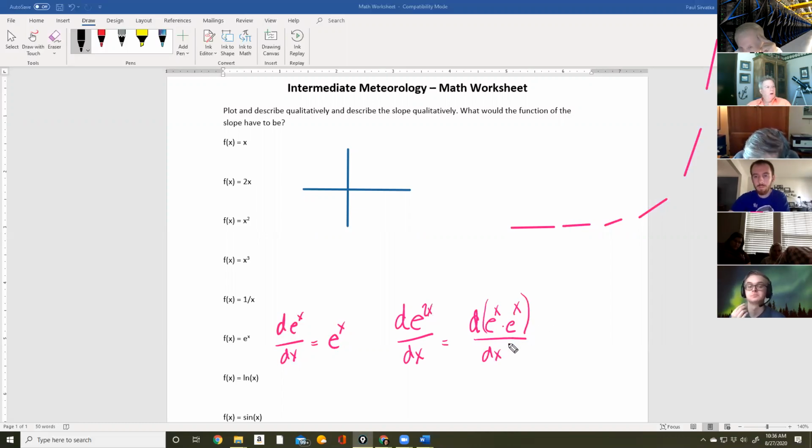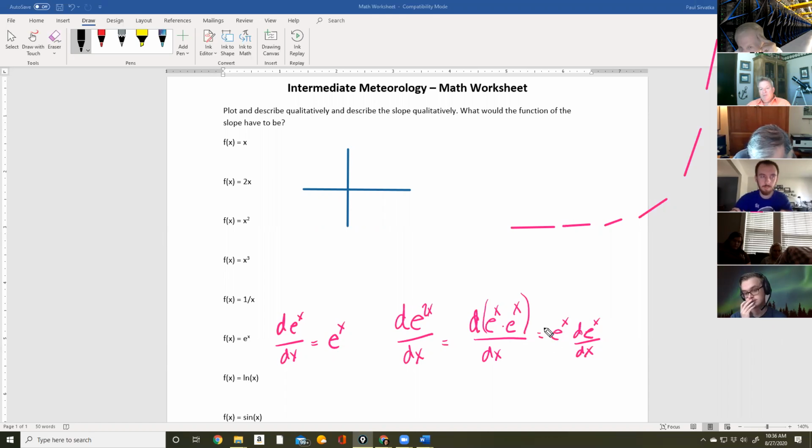And then what can I use to figure this out? The product rule. So that would be e to the x times the derivative of e to the x with respect to x, plus the same thing.